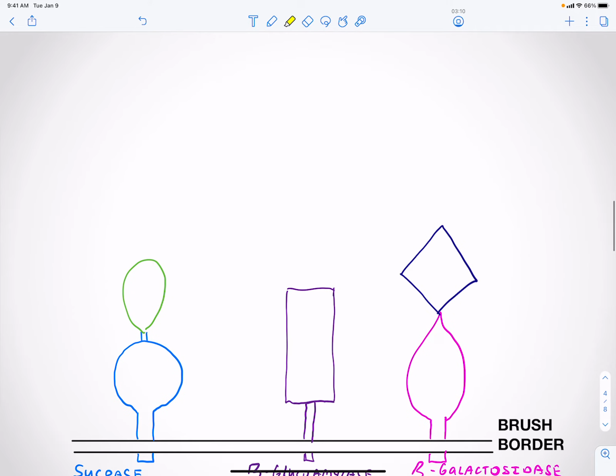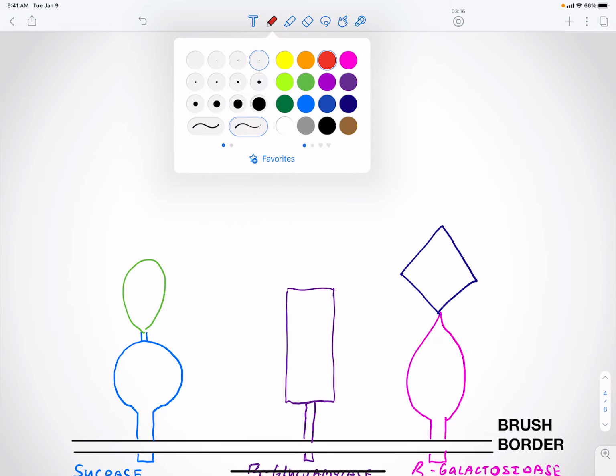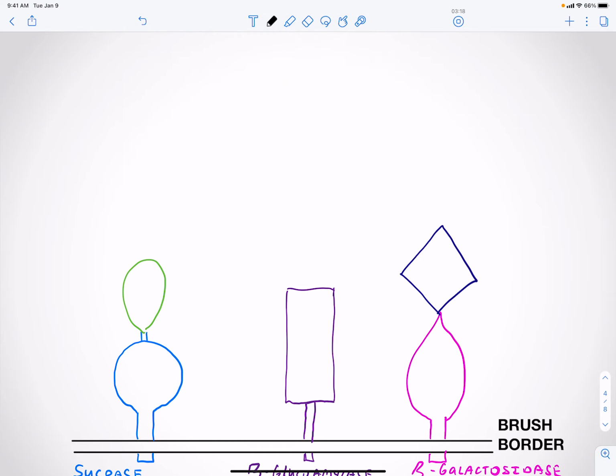Okay, so let's just talk a little bit about what this looks like. So remember, we started out at the top with our starch. So we had a starch molecule. And then this was worked on by your alpha amylase in both the saliva and the pancreas.